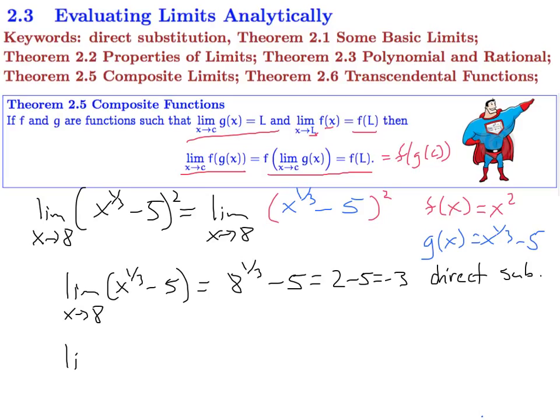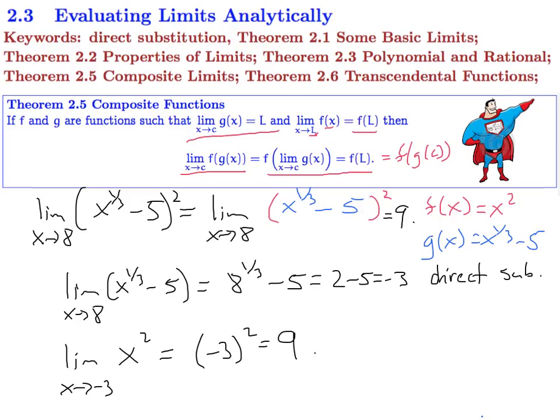Then we compute that the limit as x approaches negative 3 of our outside function, x squared, is going to equal negative 3 squared, which ends up just being 9. So overall, our original answer is going to be 9.